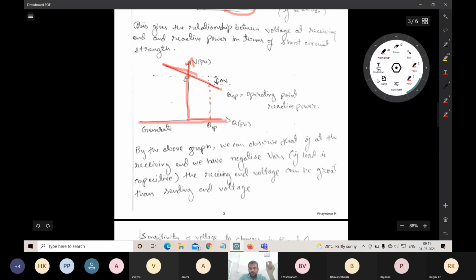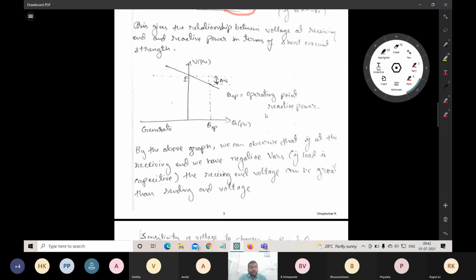So by the above graph, you can observe that at the receiving end, if we are neglecting the reactive power, so the reactive power is negative.